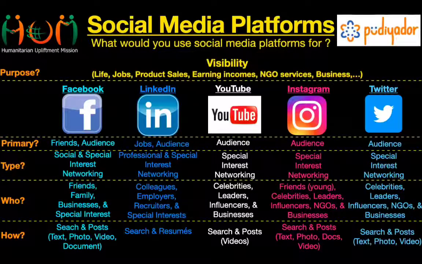You can do that with Facebook if they're all on Facebook. But the other thing is you look for an audience. We talked about why people want an audience, right? For example, if you're selling a product, you want others to know about your product. That is why you want customers, you want an audience. So almost all of these are about visibility and you want an audience.